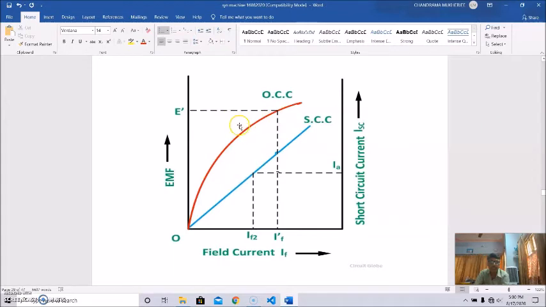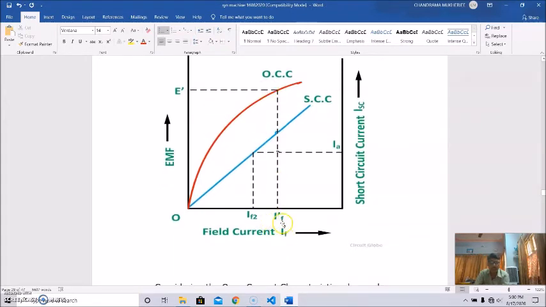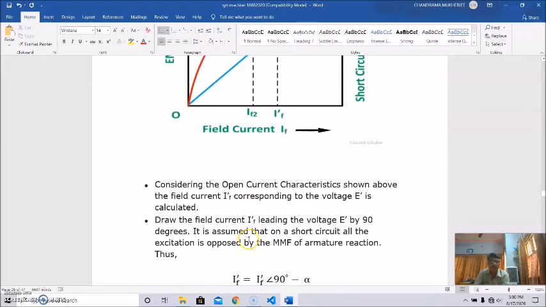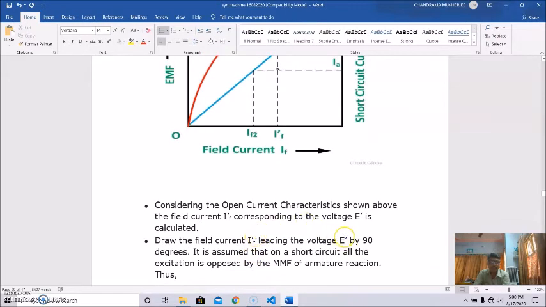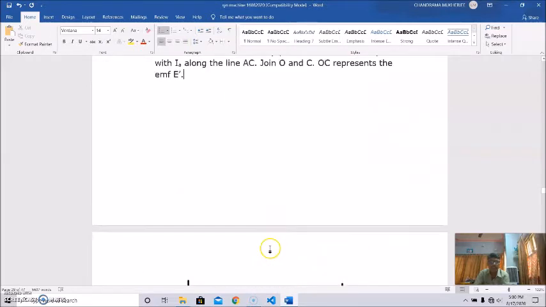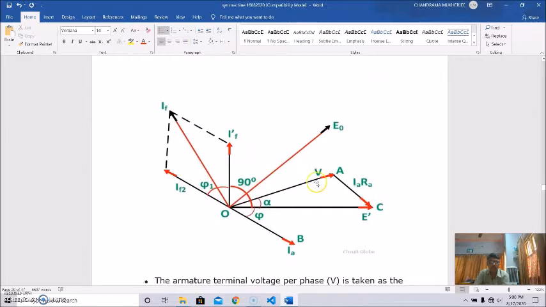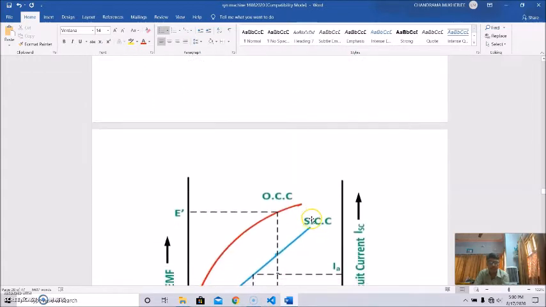So this is E dash corresponding to the open circuit characteristics of the field current IF dash. The field current IF dash leads the voltage E dash by 90 degrees. So this is IF dash, leading E dash by 90 degrees. So we have drawn it.